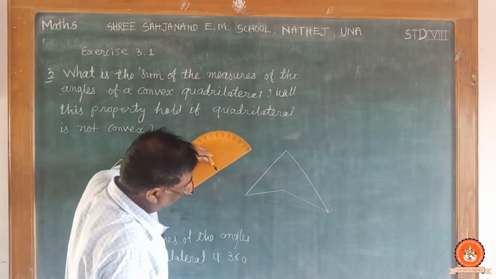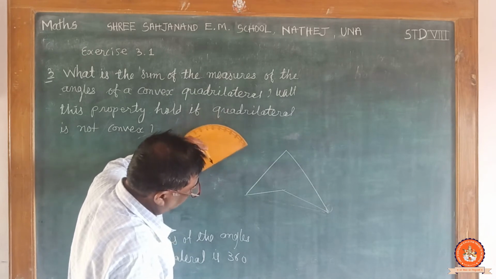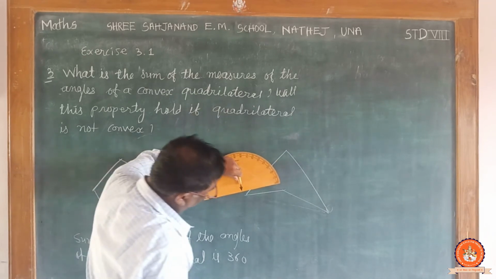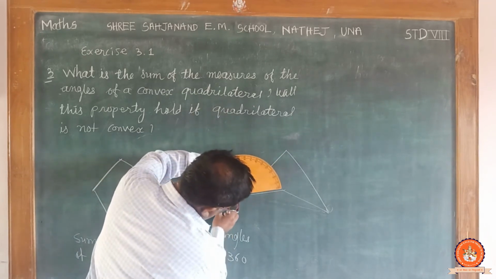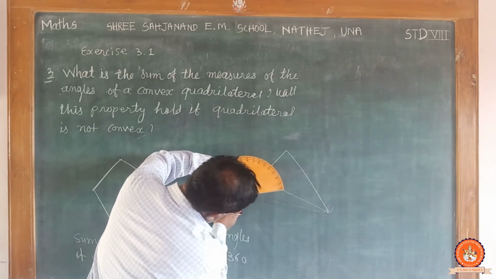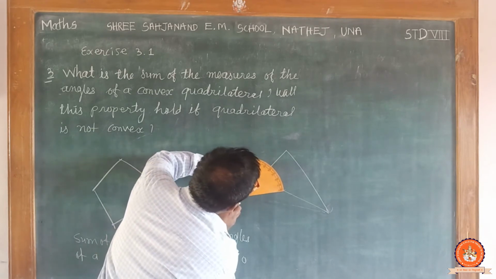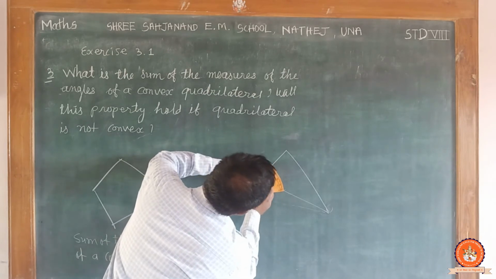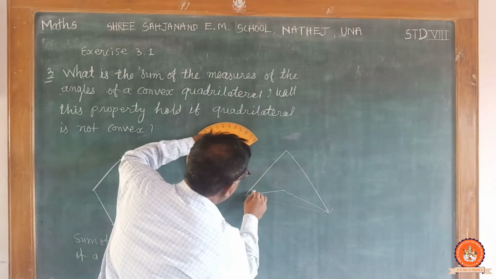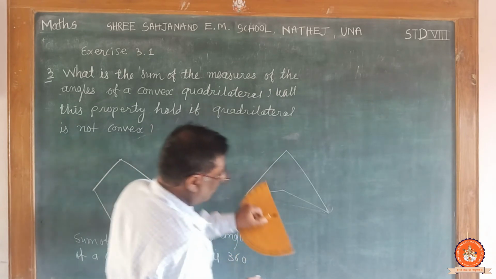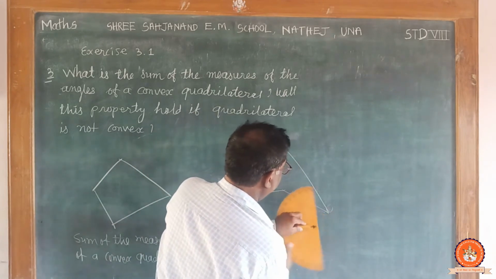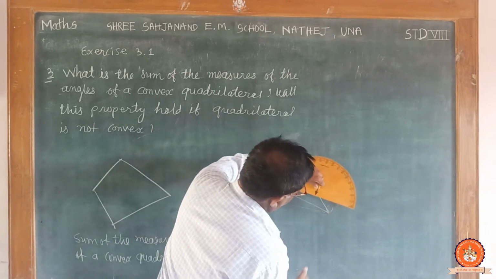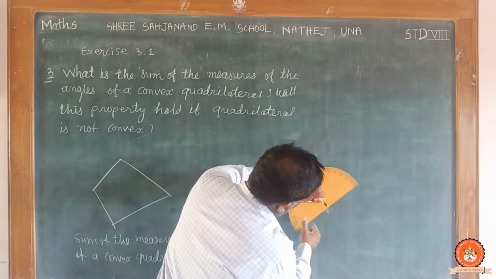So for that, this is the figure and we will find out the angles roughly. Now find out the measure of this angle. It is approximately 10, 20, 30, 40 and 41. Now think of this quadrilateral.